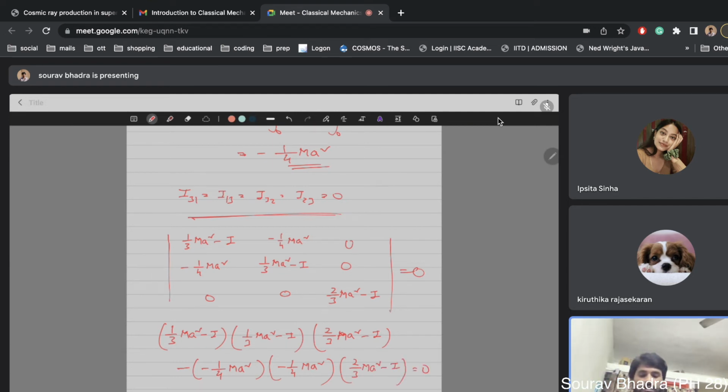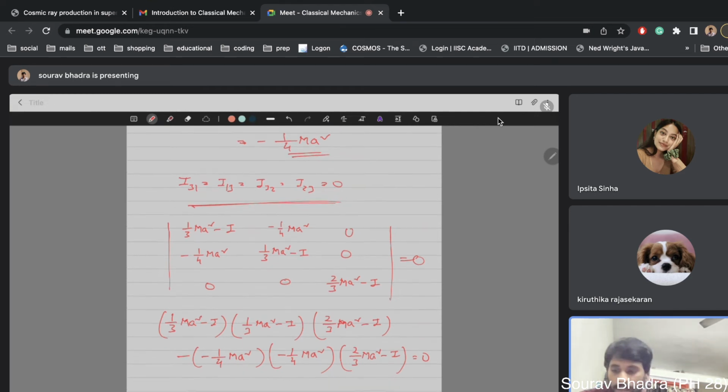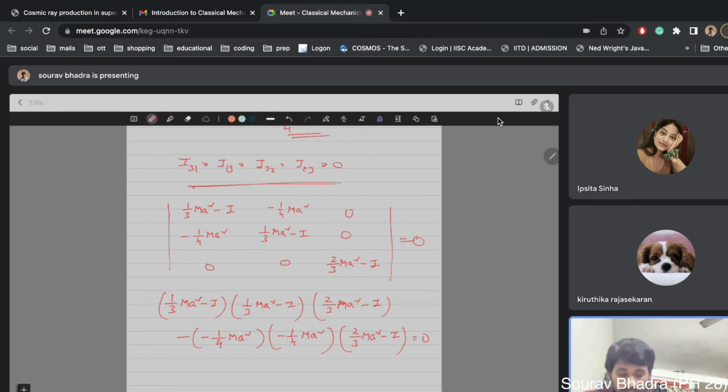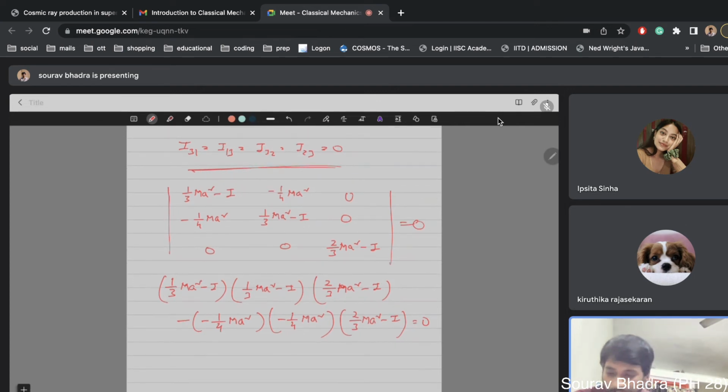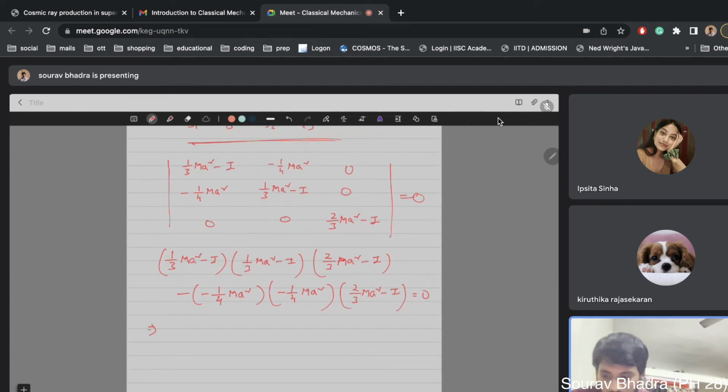Okay, so you can see it is a cubic equation in I, that's why we will get 3 values of I. If you calculate it carefully, I will not do that here because that will take 15 to 20 minutes. So just do it, with some algebraic manipulation. All this will be on YouTube, and you can check it by pausing the video also.